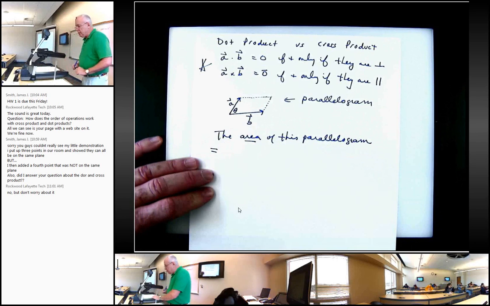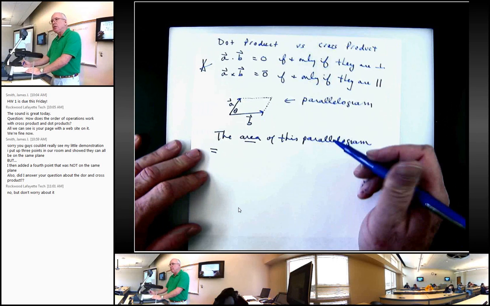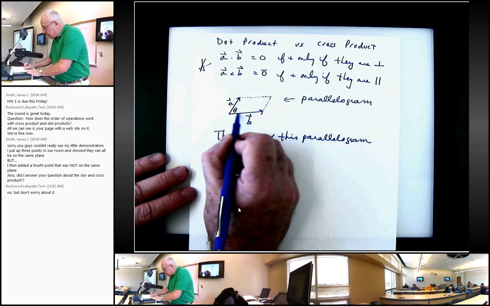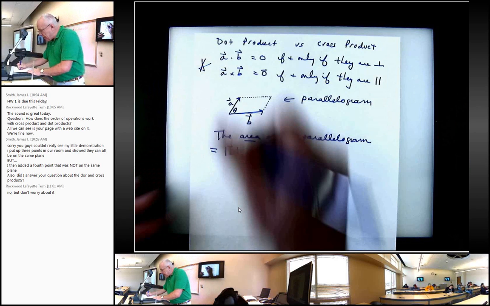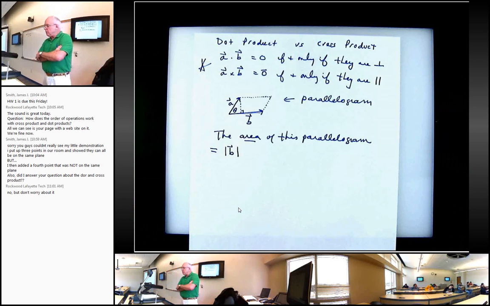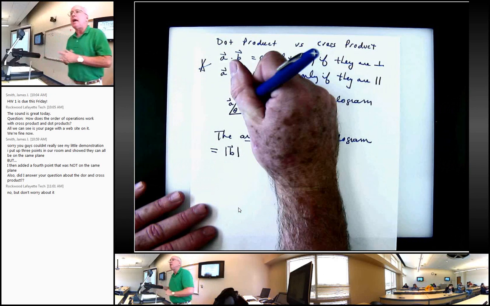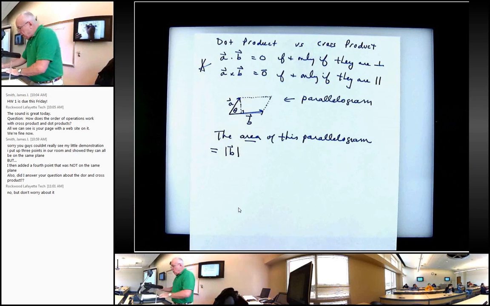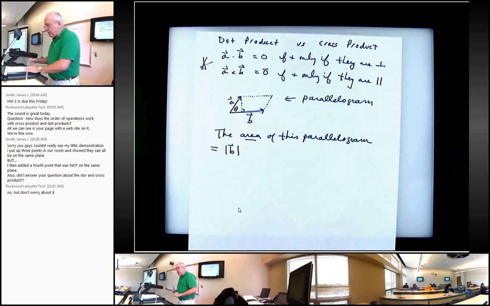Let's see what it equals. Let's go back to some basic geometry. It's going to be the length of our base, so that's the length of the B vector, times the height of the line that we draw down perpendicular to the base. Let's find out the length of that line that we drop down.